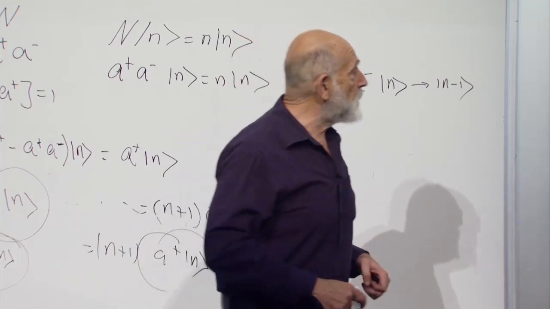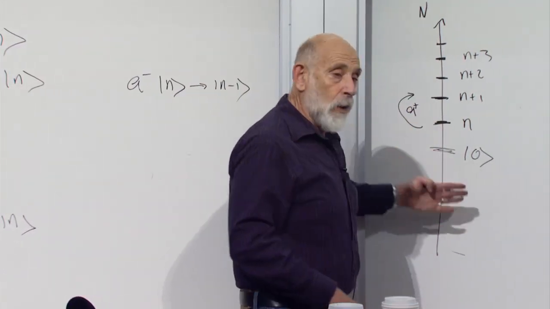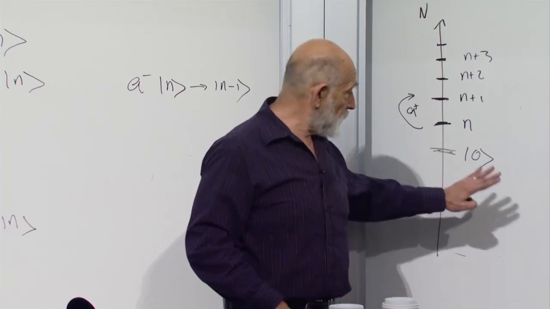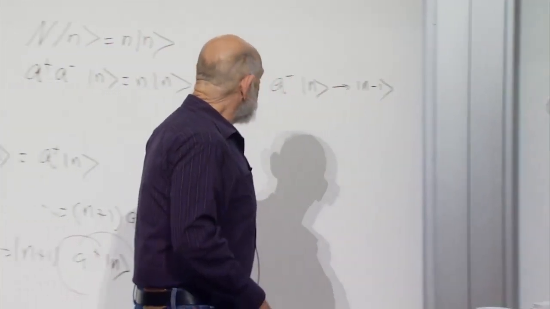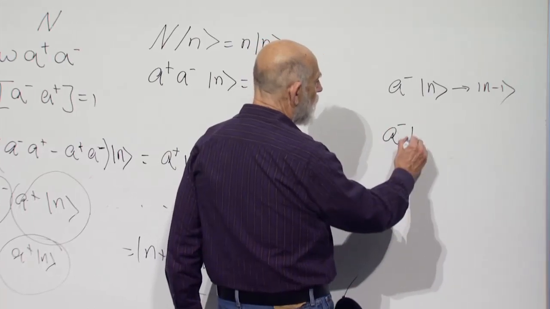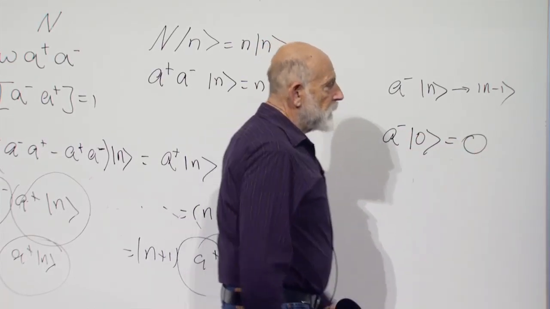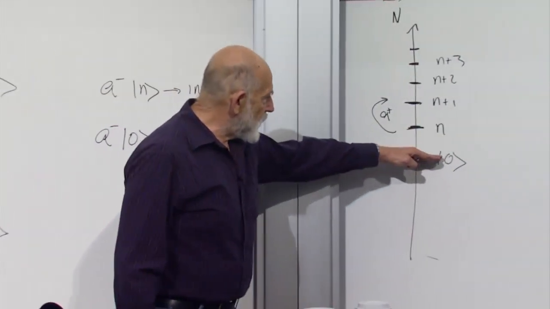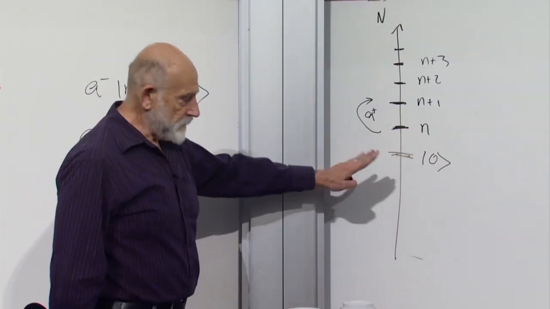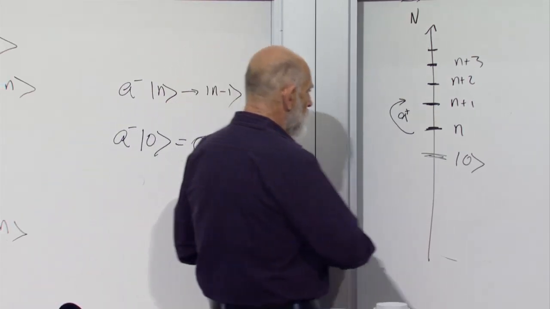Those are the only two mathematical possibilities. A minus takes you down, or you just run out of states. There are no states below it. That's what happens. A minus on 0 is just 0. So there's nothing down below n equals 0. The first state corresponds to n equals 0.